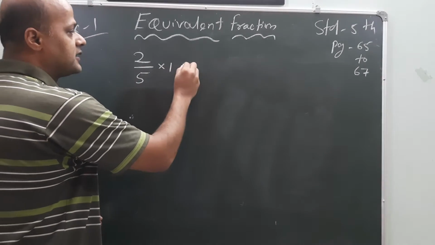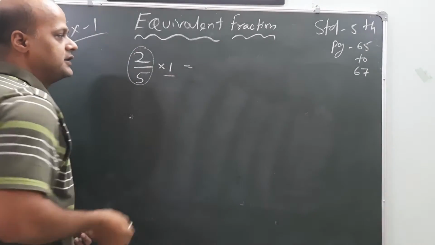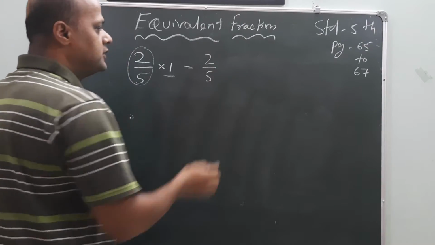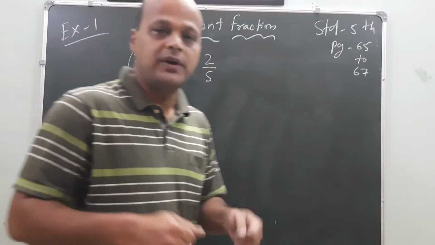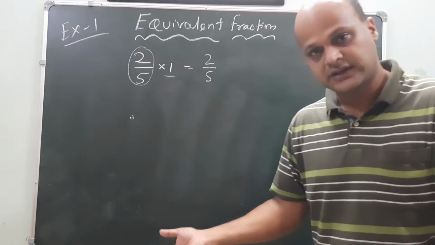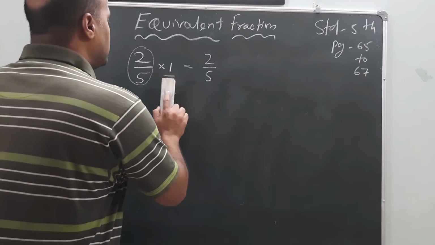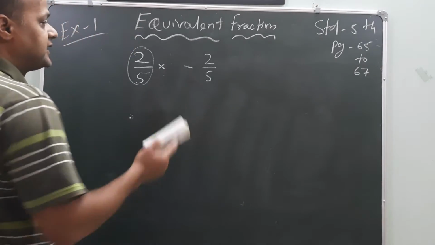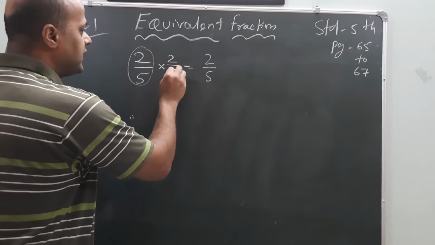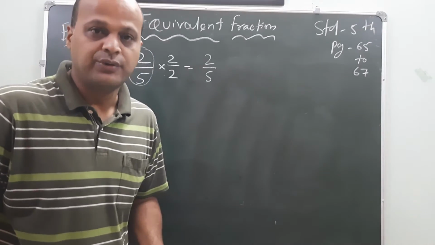2 by 5 is nothing but, if I multiply any fraction with 1, then what will be the number? The number is again 2 by 5, or not? If any number is multiplied with 1, then the same number comes. So what I did in the next class, I changed the position of 1 and divided by the similar number in numerator as well as in denominator.